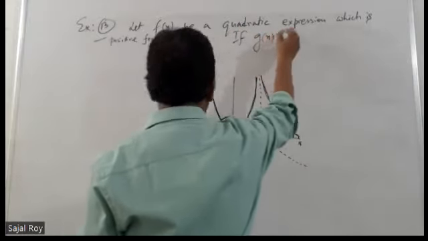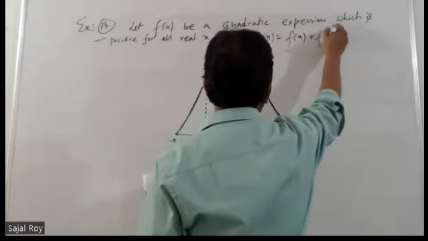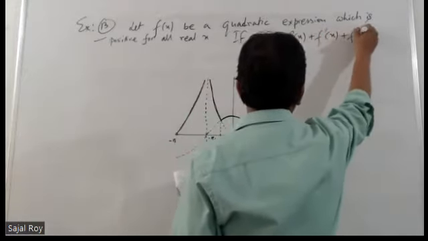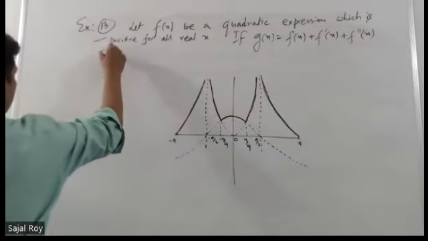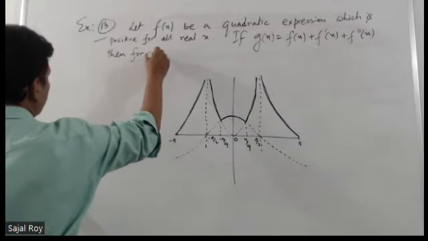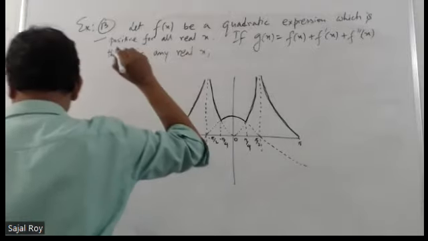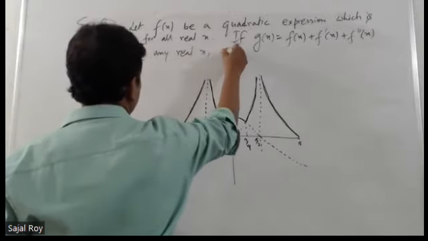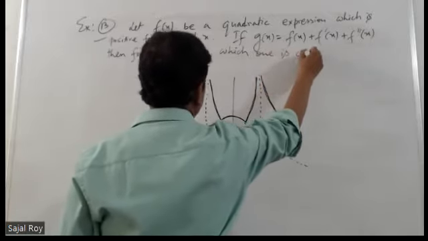If g(x) equal to f(x) plus f prime x plus f double prime x, then for any real x, which one is correct?